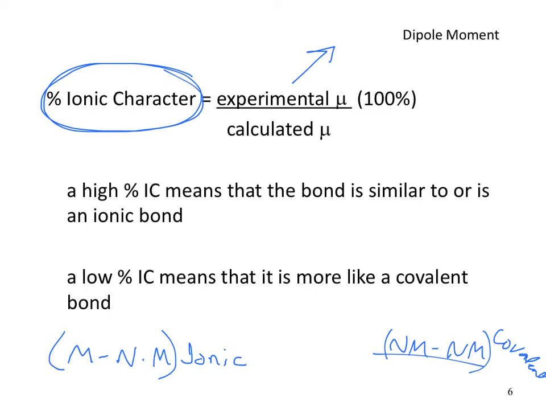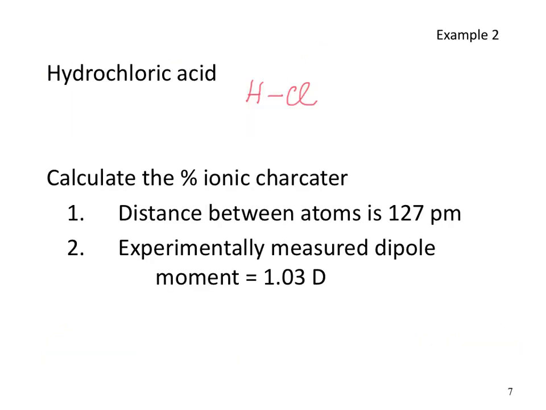And then we would plug in the calculated theoretical value of the dipole moment and determine that percentage IC. A higher value of percentage ionic character would mean that that bond is more similar to an ionic bond. On the other hand, if you have a real low value, that means it will behave more so like a covalent bond. Let's work on an example.